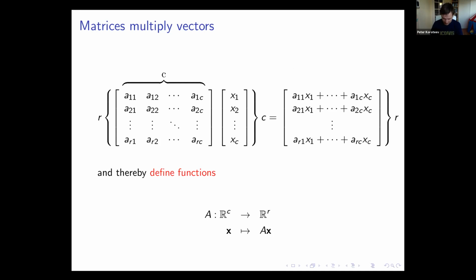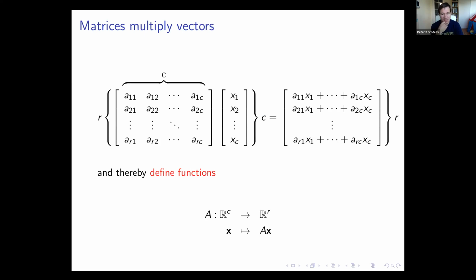Okay, let's get going. So, any other questions about math? Right. So let's remind ourselves quickly what we were talking about last week. We have matrices multiplied by vectors. Here we have a matrix of size r, which is the number of rows, by c, which is the number of columns. We multiply the matrix by a vector, this is the matrix-vector multiplication, and get what we see on the right-hand side.